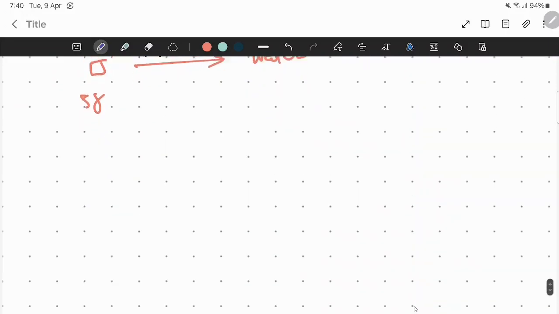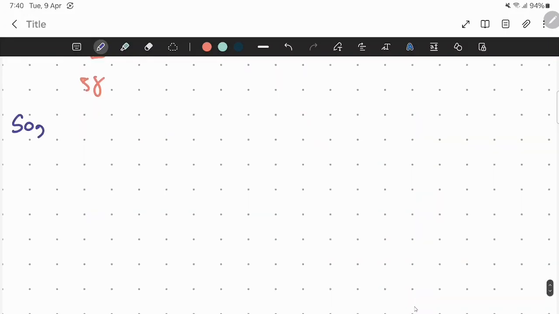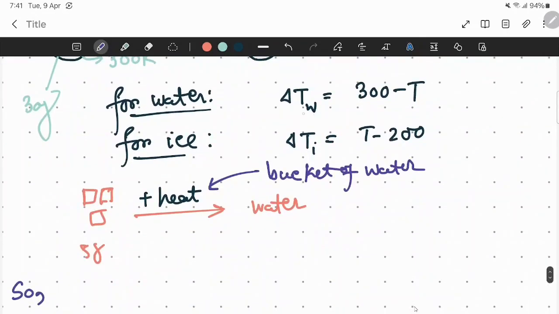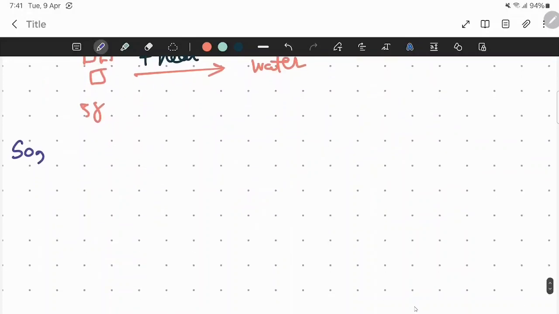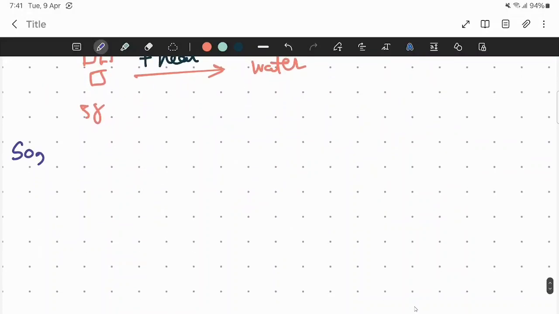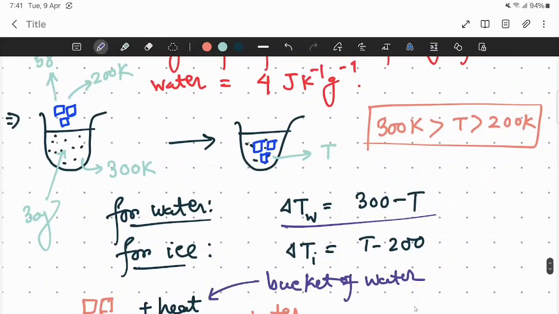So eventually, now the bucket of water, how much heat is it losing? First is this, which will be 30 grams, right? Yes.